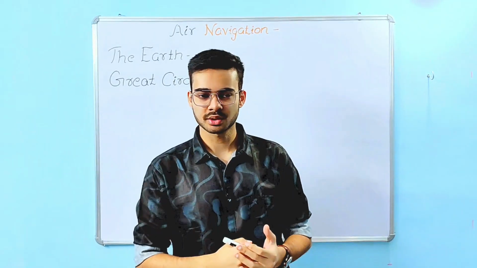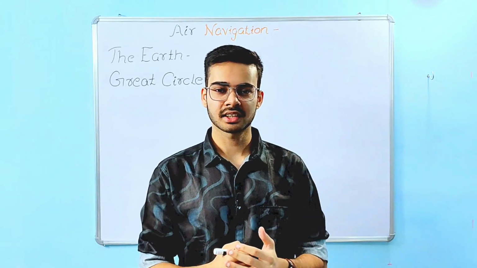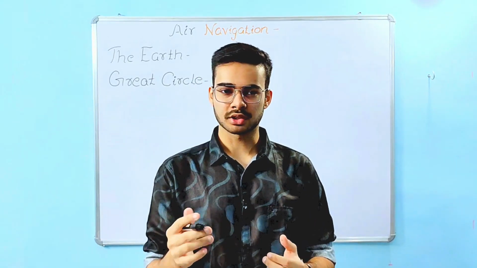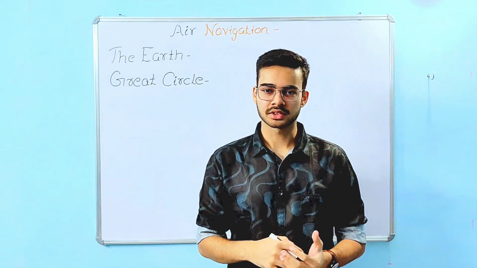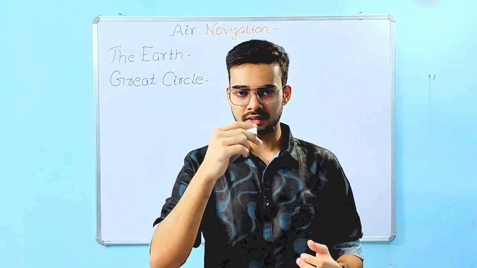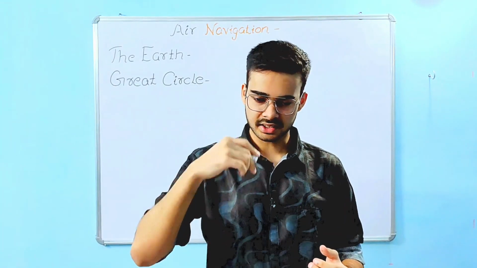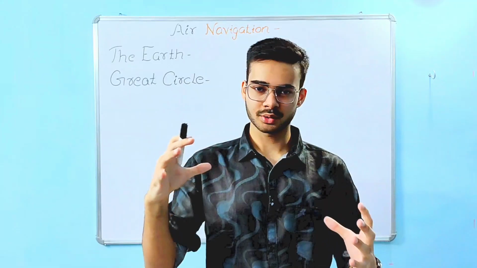When I was asked this question, to guess what a great circle is, I guessed that it may be the equator because it is a very big circle and it divides Earth into two equal halves. But that's not it. It could be any circle drawn on the surface of the Earth at any angle. The only requirement is that it should divide Earth into two equal halves.